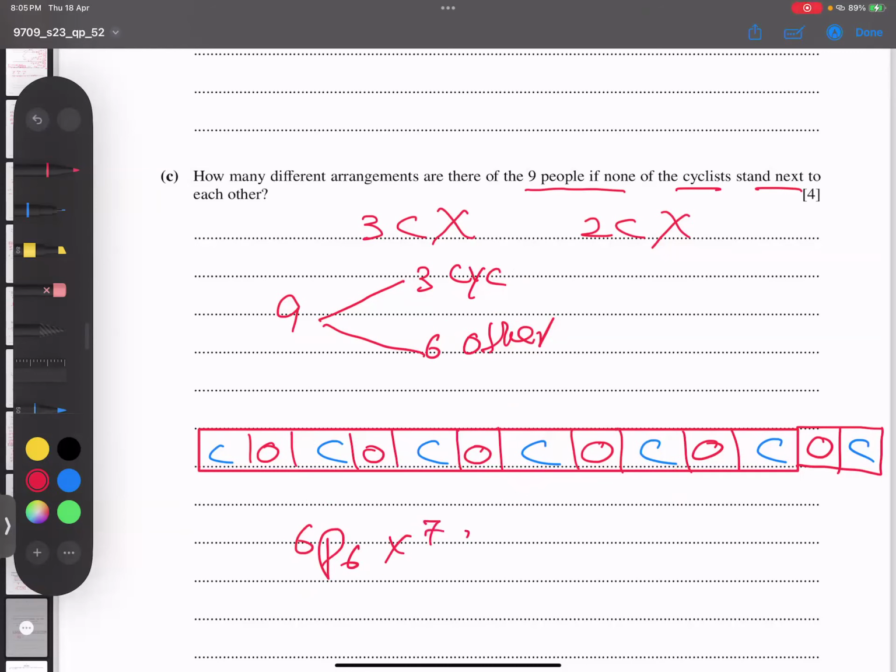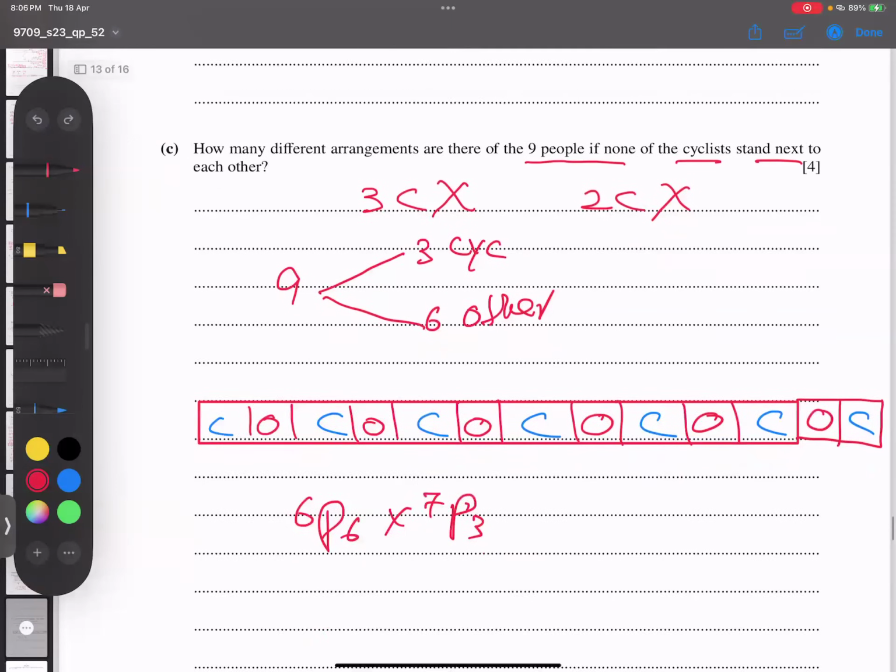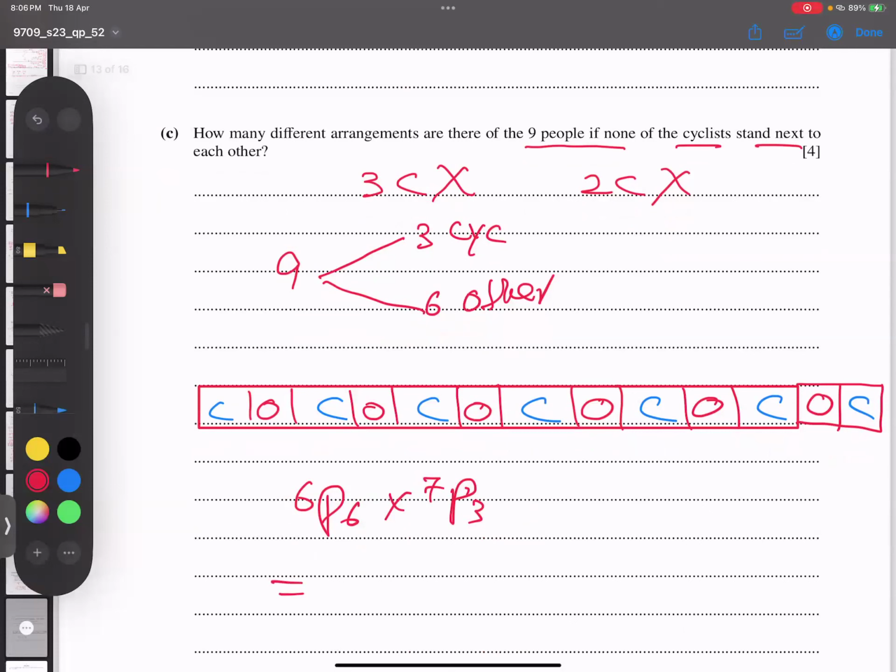So 7P3. I wrote 7P3 because 7 positions are there and 3 cyclists are there. And if we type in calculator, the answer is 151200. I hope you got my point.